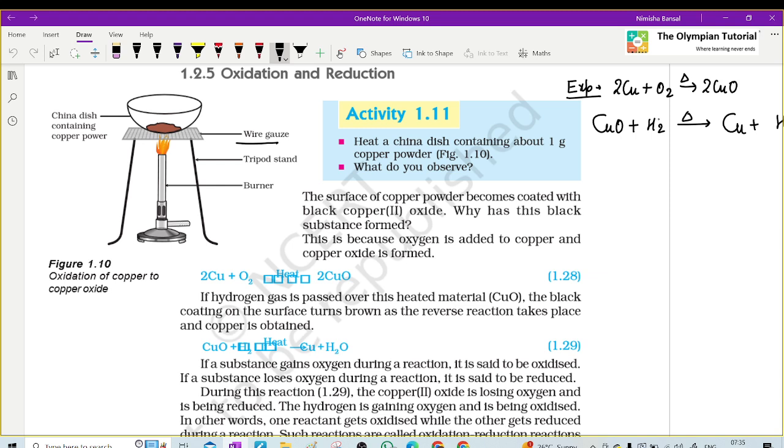This is due to the formation of copper oxide, black copper(II) oxide. Here it is written. The reaction is 2Cu plus O2, on heating, gives 2CuO.